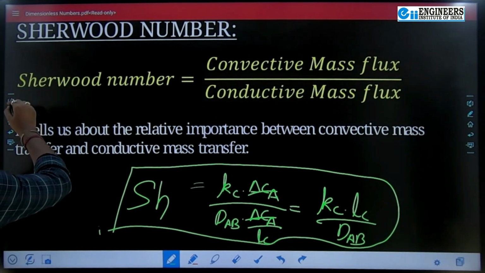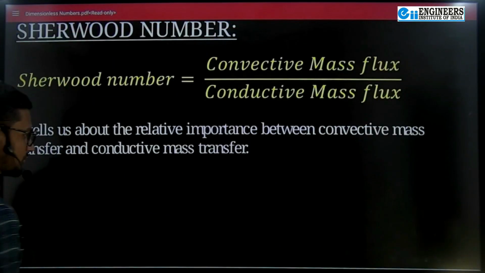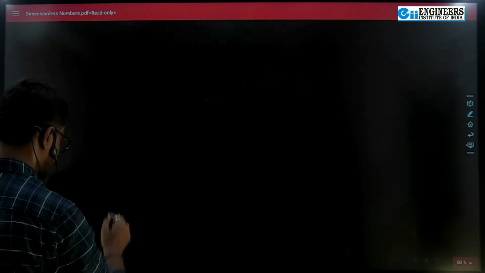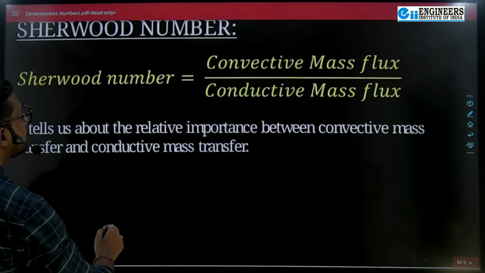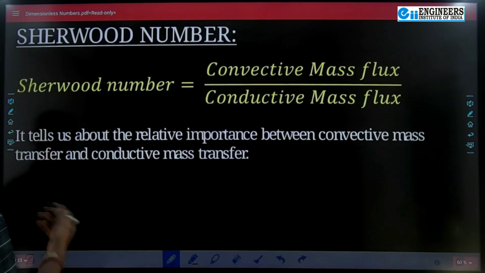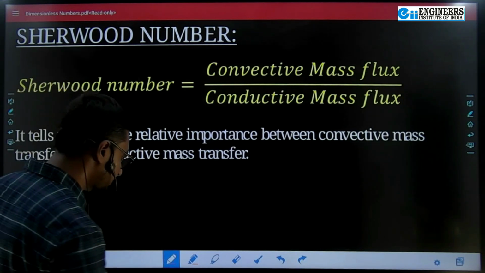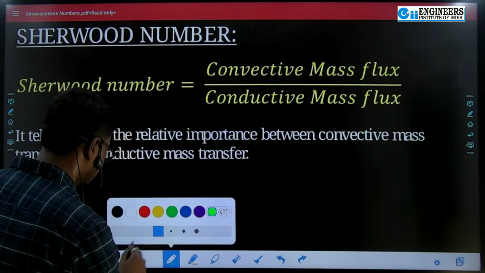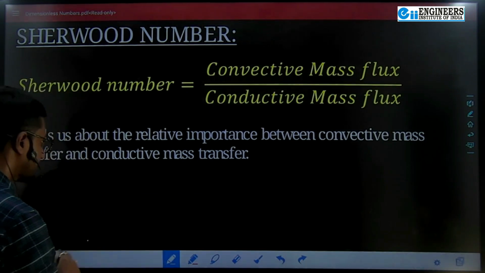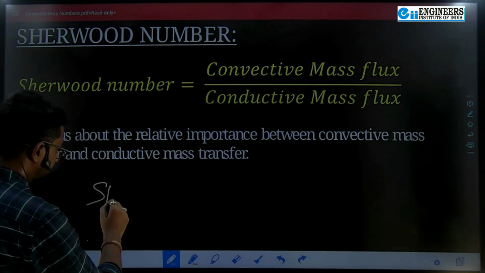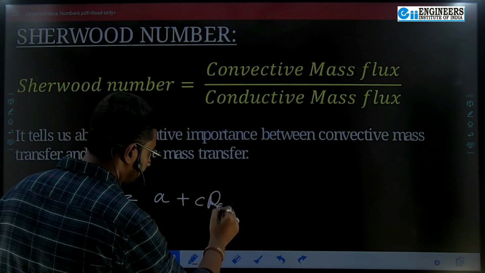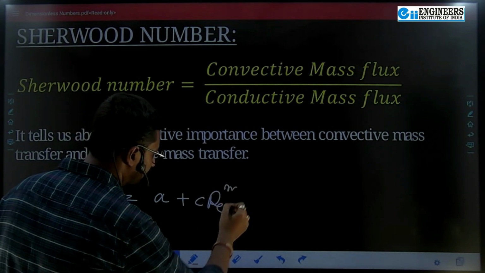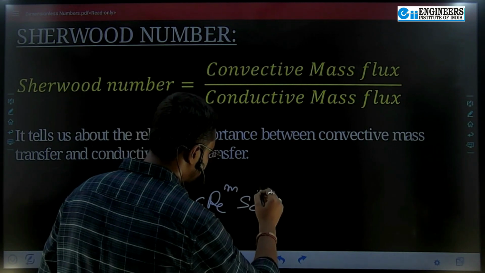Now, one more thing. The relation between the Sherwood number, the Reynolds number and the Schmidt number is like this. Sherwood number is generally A plus C Re to the power m, and Sc to the power n.